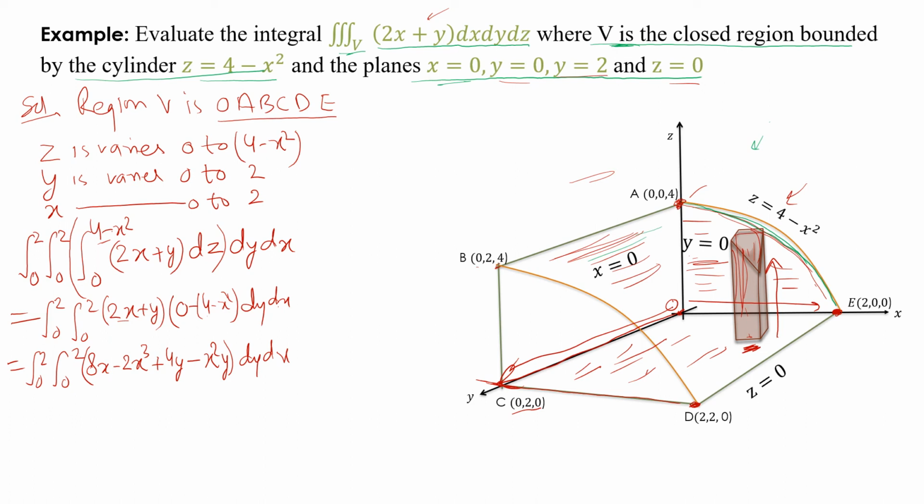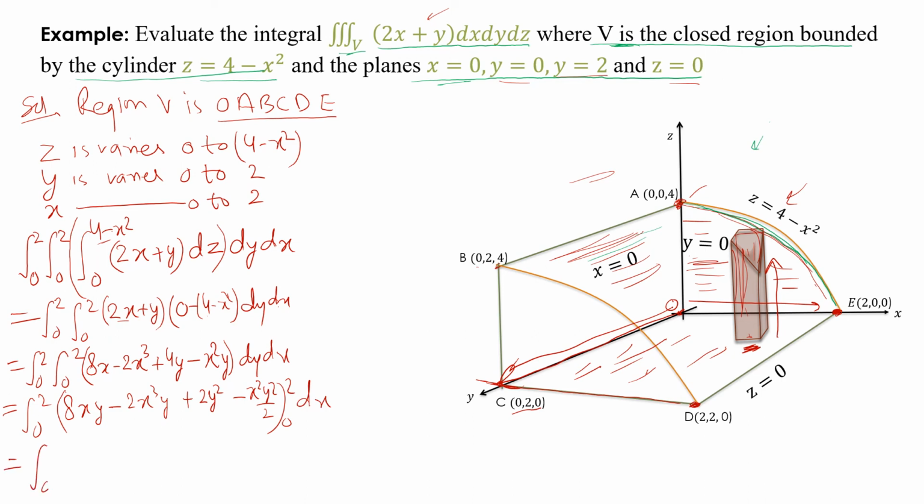You could also integrate with respect to x first because both the limits are constant here. So integrating with respect to y, we write 8xy minus 2x cube y plus 4y square by 2, that is 2y square, minus x square y square by 2. Apply the limit 0 to 2 dx.